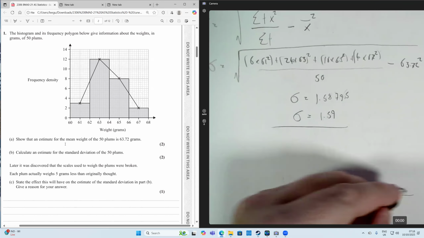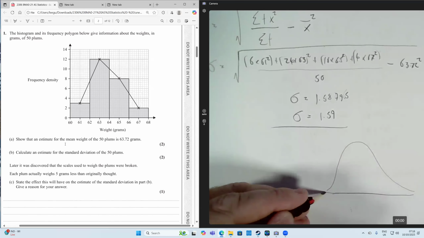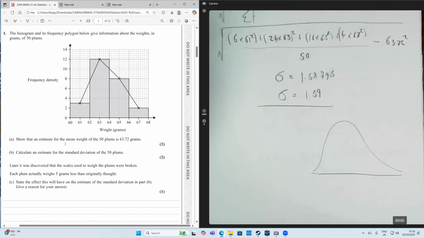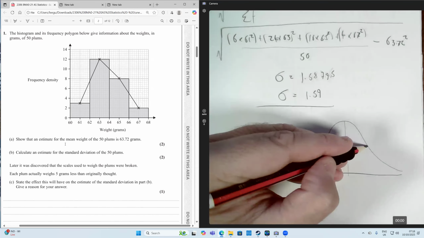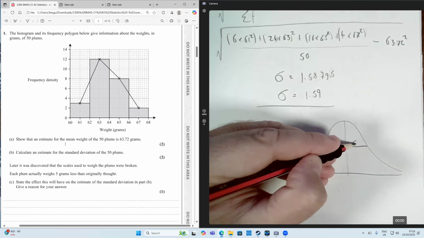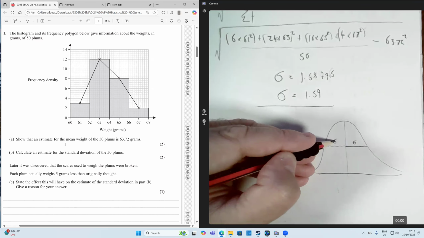So here we have, and I know we don't know about this distribution, but let's say this is a normal distribution. It's just a representation of how the plums might be distributed. So the plums have a standard deviation like, let's say, like that. The standard deviation measures how spread out the data is.